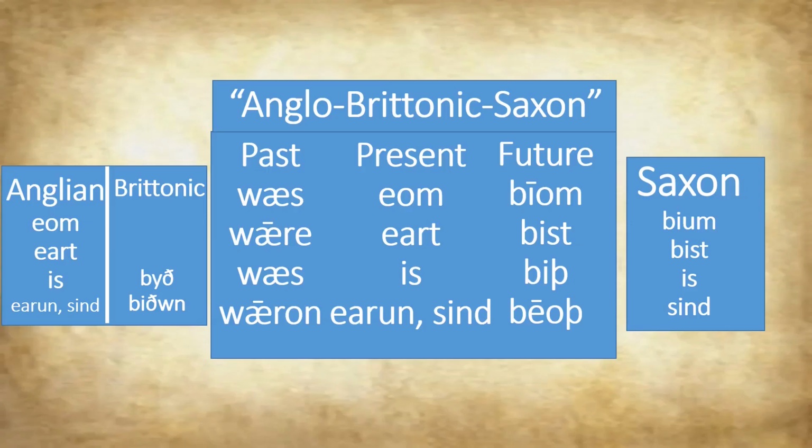We have our Anglian part, and this is where we have the am and the art and the arun and the r, in the singular and plural. It gets interesting because the Anglian part is kind of a proverbial. Well, not proverbial, because the Angles themselves are very closely tied with the Danes, so it's quite fair to say that the Angles were in some roundabout way a Scandinavian people.